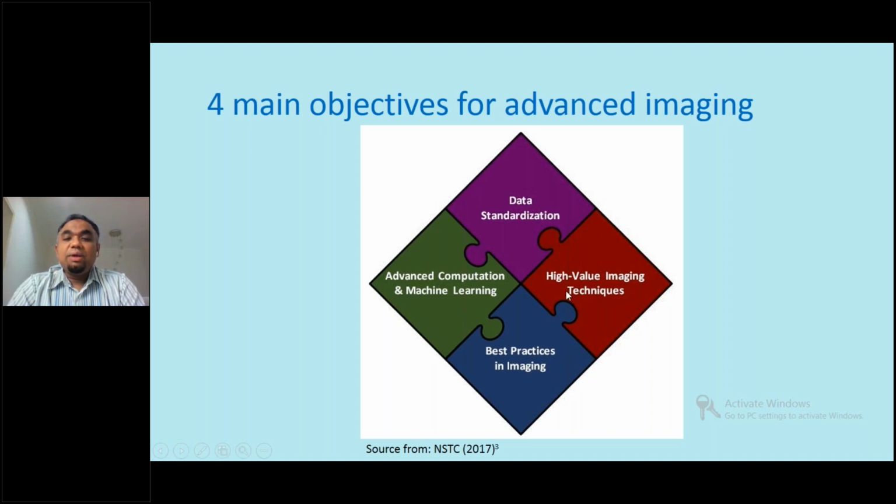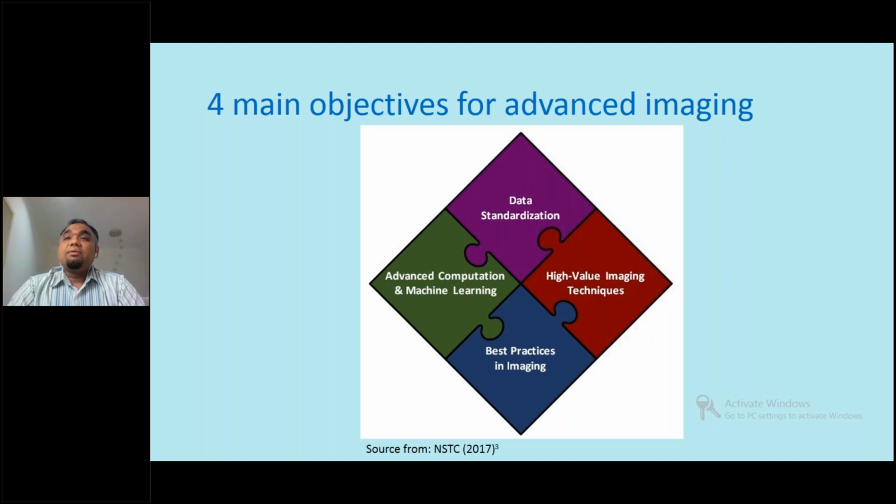The next one is high value imaging technique, where a lot of technology has been introduced. We only had 0.5 Tesla of MR scanning, then 1.5, and nowadays we have 3 Tesla, and the latest one is 7 Tesla. This is what we call high value imaging technique.